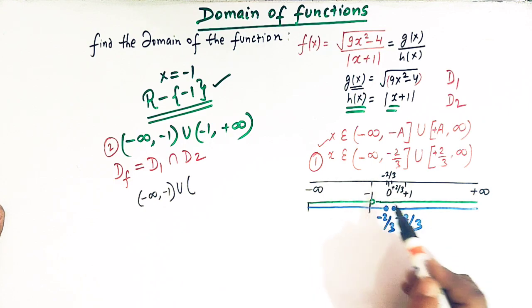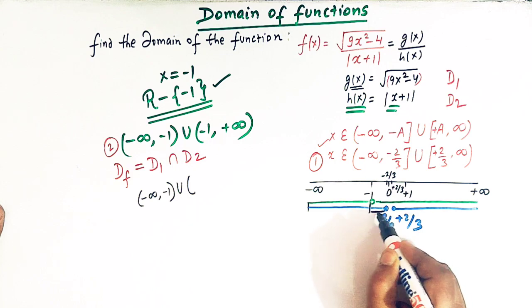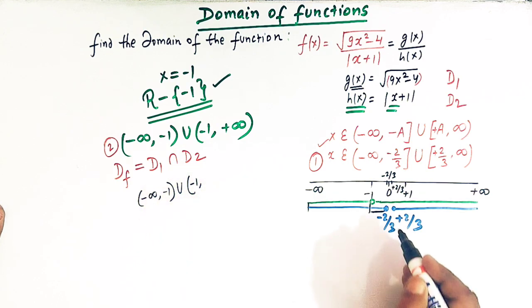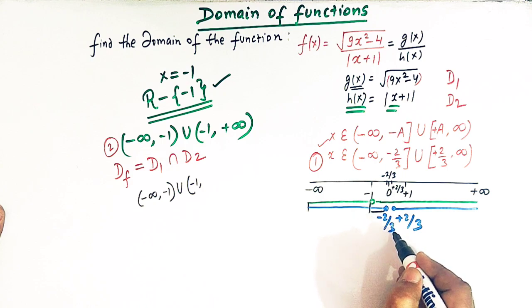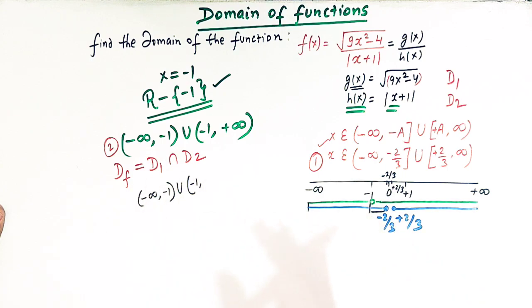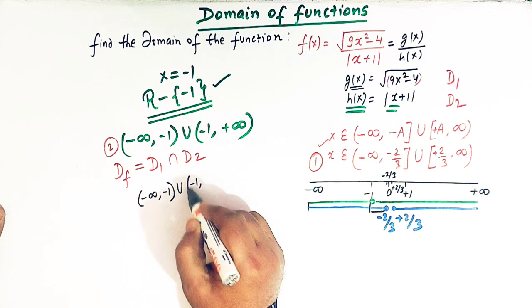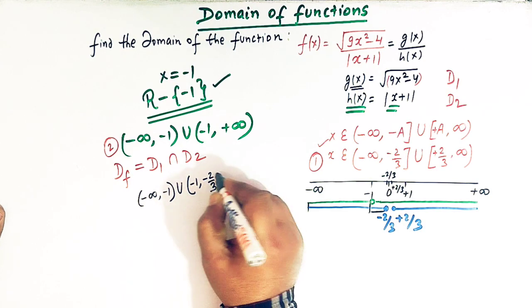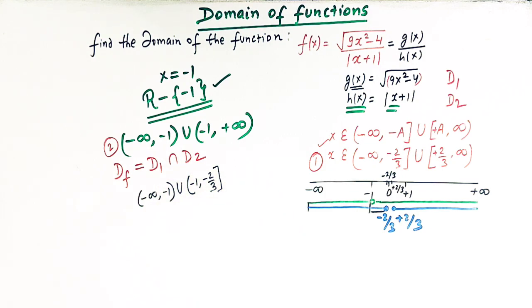Here we have minus 1, and here we have minus 2 by 3. So this region is also common, excluding minus 1, so here we'll write minus 1, and then minus 2 by 3. Minus 2 by 3 can be included, so we'll exclude minus 1. That's why we are writing the open interval here. So we have minus 2 by 3, and here we'll draw the closed interval.